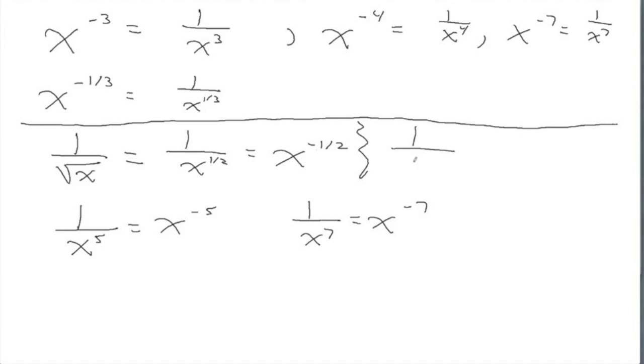Let's say that you had, say, 1 over the cube root of x. Now we can't take the derivative of that, so we need to rewrite it as x to an ordinary power. Well, it's a two-step process. First of all, this could be 1 over x to the what? 1/3. That's right.